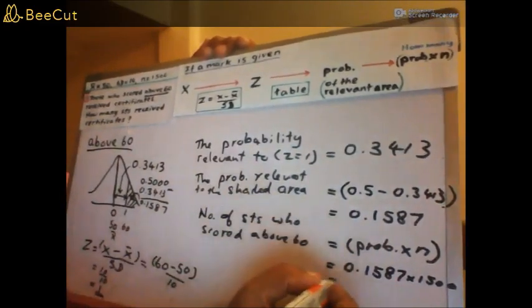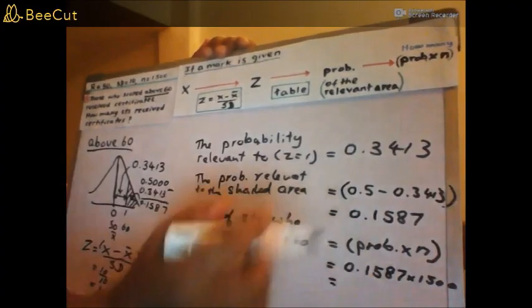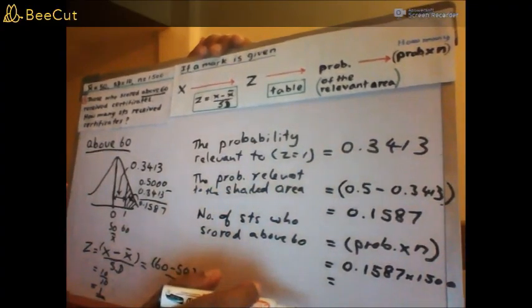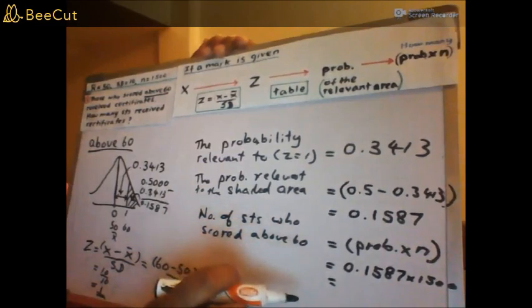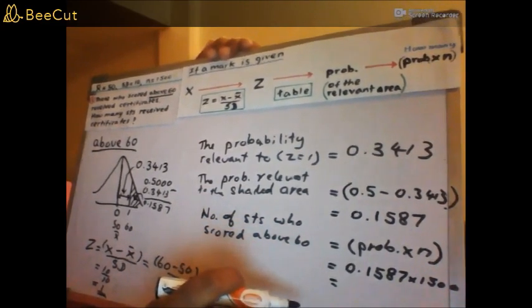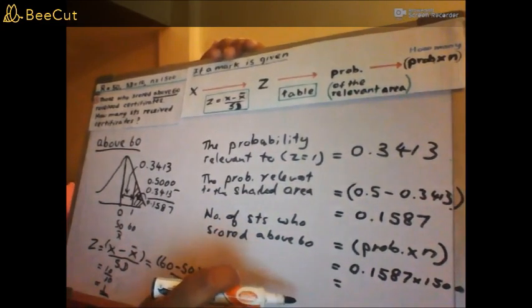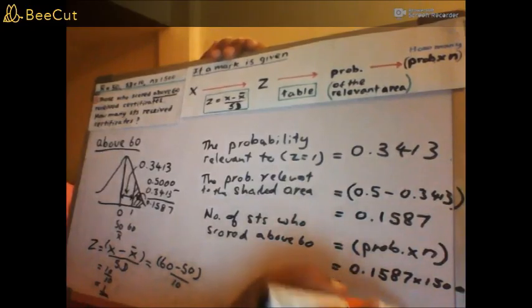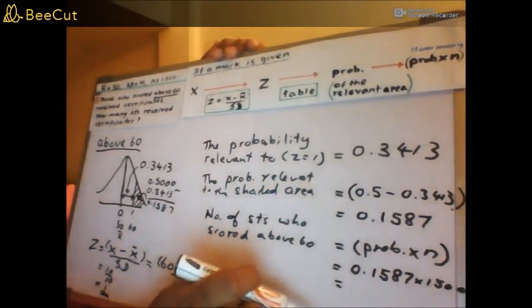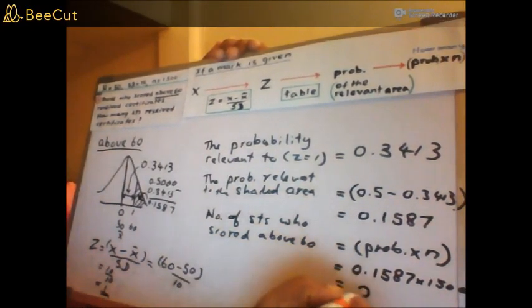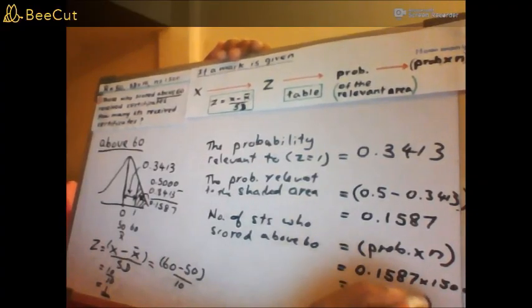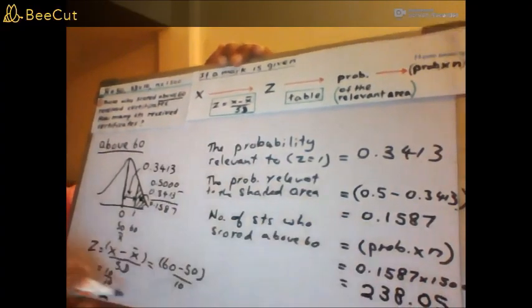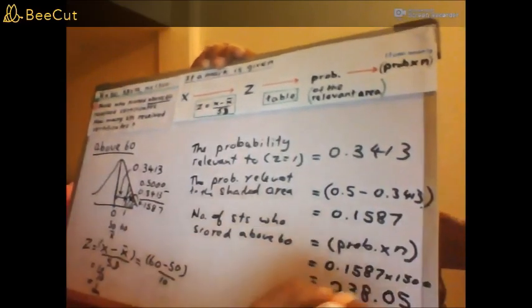The answer is, you do it manually, right? Don't use calculators. You are not allowed to take calculators. So practice doing all these things manually and get the correct answer. That's why we did all those practice problems earlier. Answer is 238.05. That is the answer.